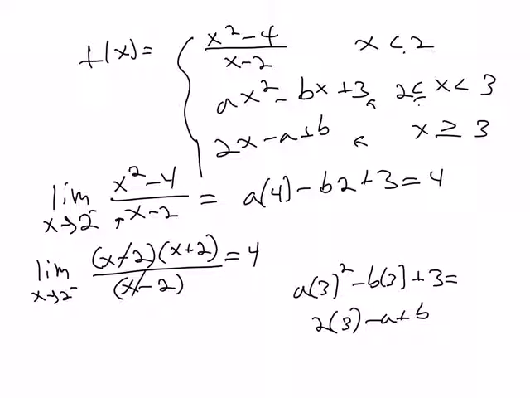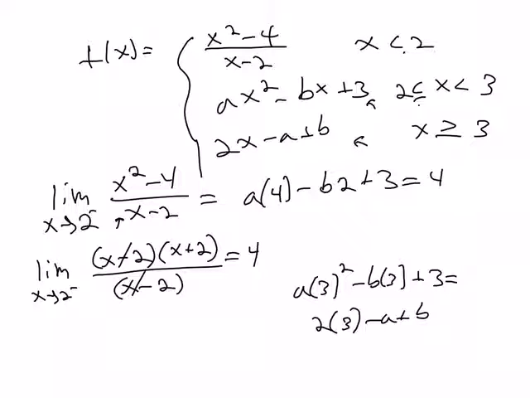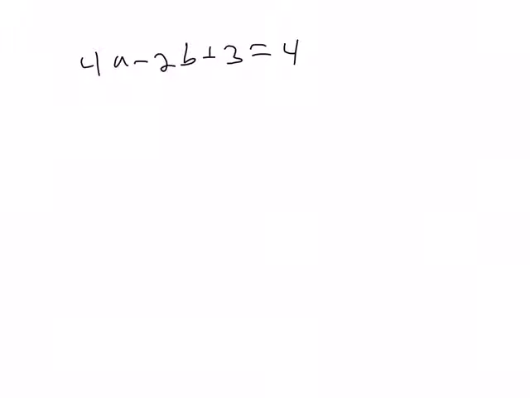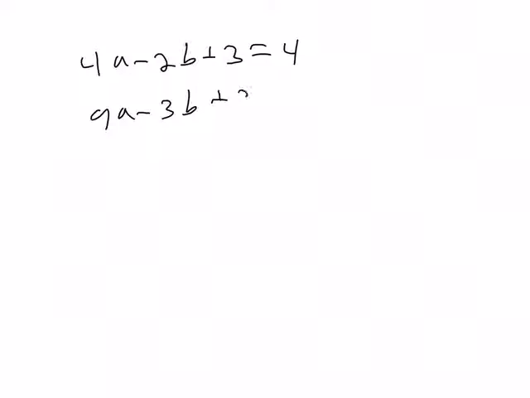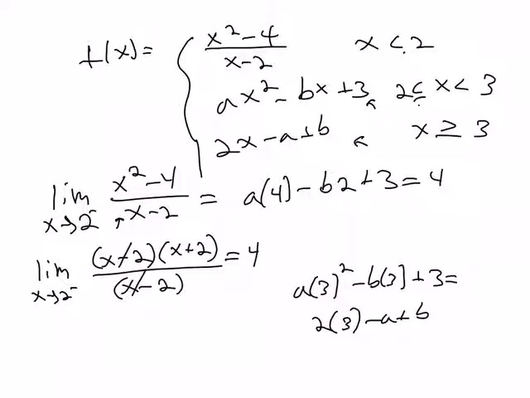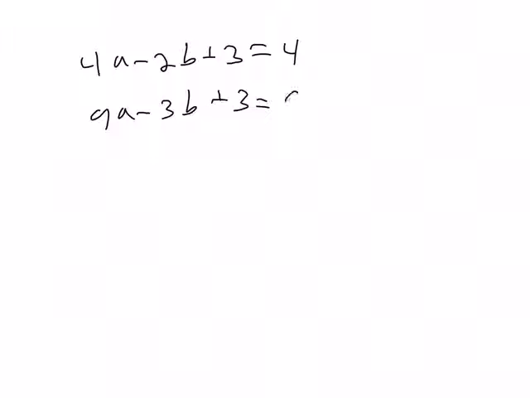Okay, so what are the two conditions that we have? So we have 4a minus 2b plus 3, that to equal 4. And 9a minus 3b plus 3 to equal 6 minus a plus b.